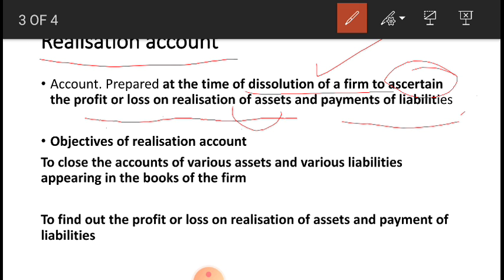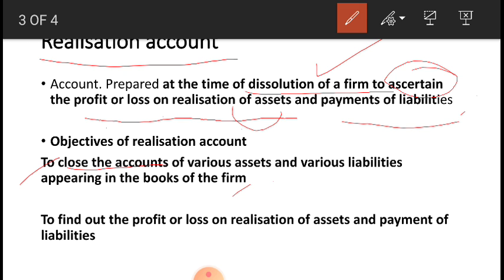Now, objectives of realization account. Why is realization account prepared? Another 2 marks question. First one is to close the accounts of the various assets and various liabilities appearing in the books of the firm.